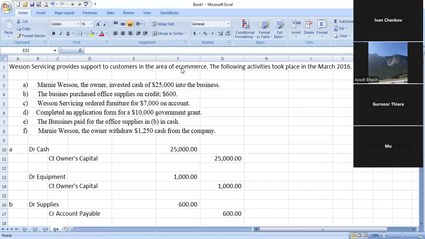If you can prove to me that buying the wedding dress is going to help us provide better support for our customers in e-commerce, I'm going to buy it as a business expense. But if you cannot prove it, it's clearly not part of the business. If it's not part of the business, can I deduct it as a business expense? No.